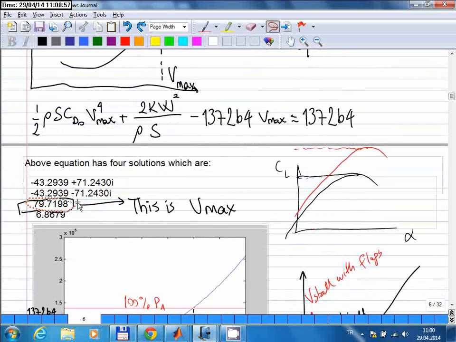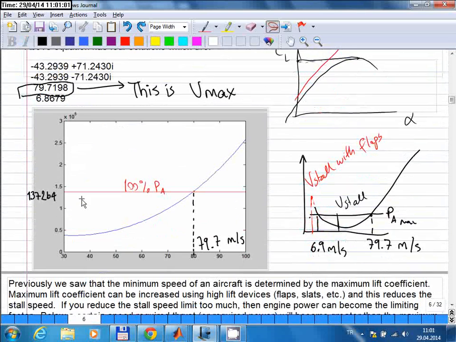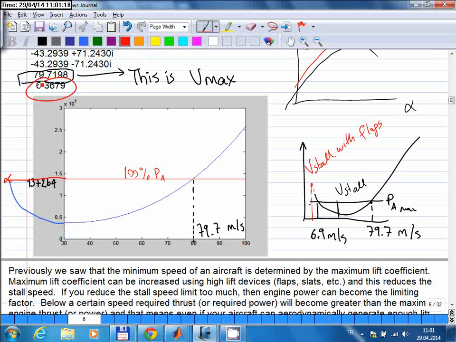This is the one we're looking for, and the other solution, this small number, corresponds to the other intersection point, right? We don't see it here, but if you extend these curves, this goes up like that, and then you extend this one here, and the other intersection point corresponds to this one, this small number, about 6 point something meters per second.